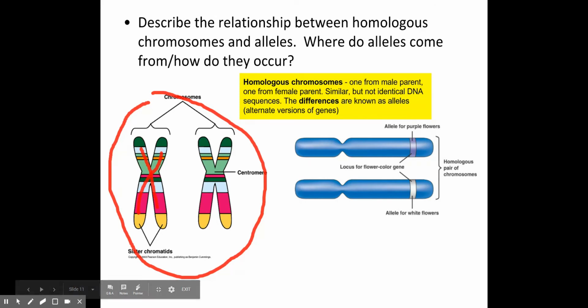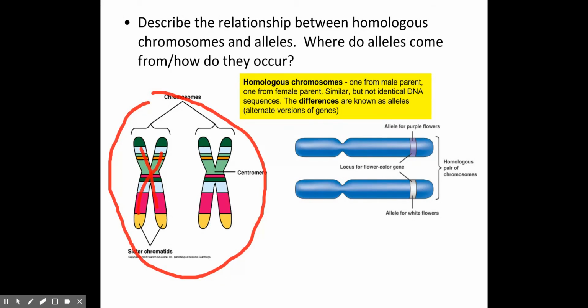So those differences that make them not identical, that's what's known as alleles, because that's where you get alternate versions of genes. So maybe right here you have a sequence that codes for a particular protein in a flower that gives a purple pigment, and then a slightly different version of that DNA sequence would not code for a functional protein that would help make the purple pigment, and therefore that contributes to that flower being white.